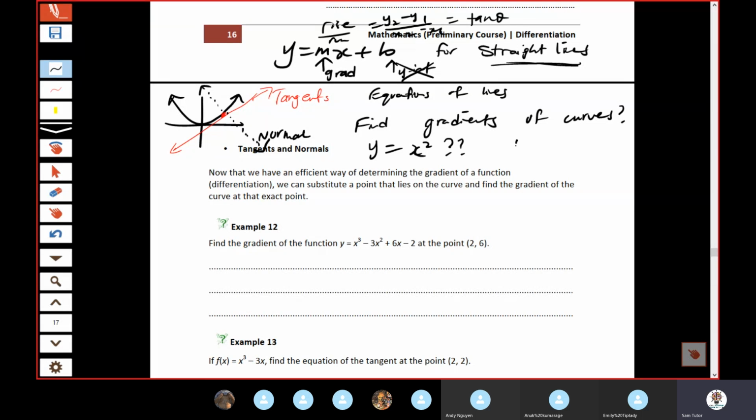I mean, if we had y equals 2x minus 5, we could straight away go, yep, the gradient is 2, because that's in y equals mx plus b form. So that's easy. If I drew you something like that, and I went, that's 5 and that's 4, again, you would go, yeah, that's rise over run. You could work that out. But now I'm telling you, okay, we've got y equals x squared, and I want you to find the gradient of that.